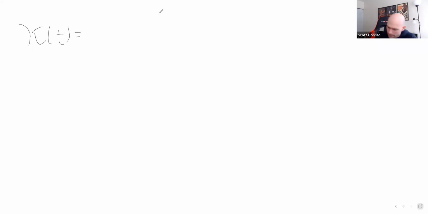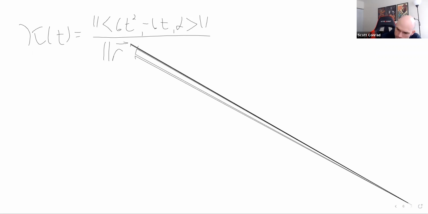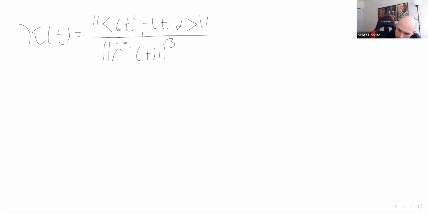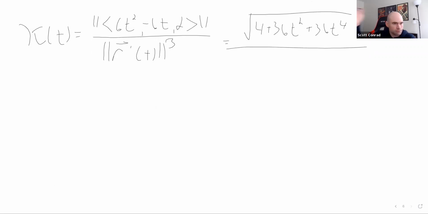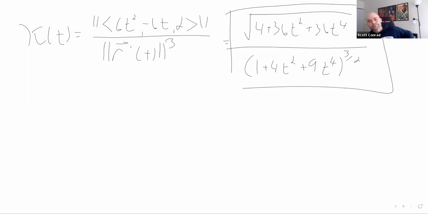So the curvature is going to be the magnitude of that, (6t squared, negative 6t, 2), divided by the magnitude of r prime of t cubed. Not the prettiest thing in the world, but we get the square root of 4 plus 36t squared plus 36t to the 4, divided by the square root of 1 plus 4t squared plus 9t to the 4, all cubed, so to the 3 halves. And that's our curvature formula.